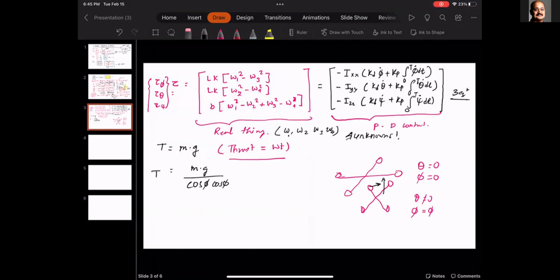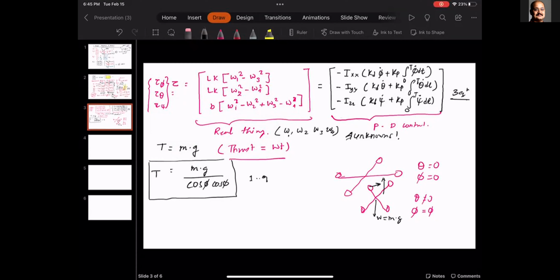You have the weight going in the downward direction, but you need to take the component of the weight and equate that to thrust. So now we have four equations, three equations here, one equation here, and that should give me the values of omega 1, omega 2, omega 3, and omega 4.